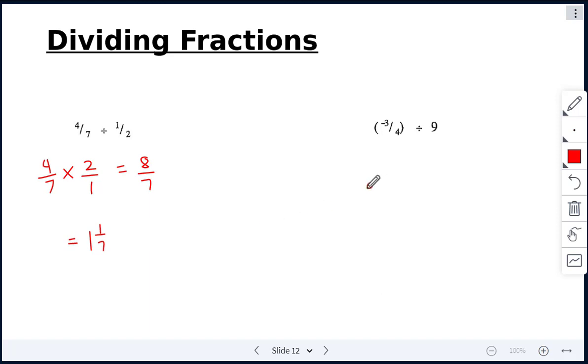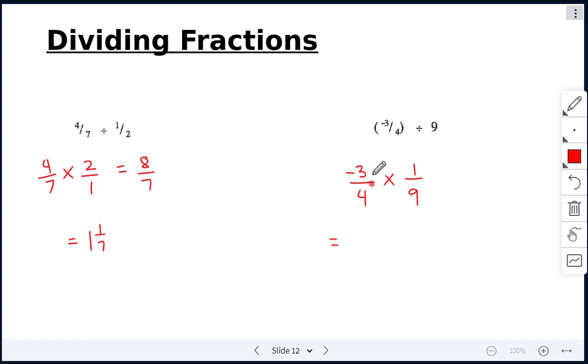All right, our second example here, we have a negative 3 over 4. So we keep that one. Keep our first fraction the same. Then we have divided by 9. So we have to take the reciprocal of 9. Then we can multiply. 1 over 9 is what we get here. Multiply straight across.